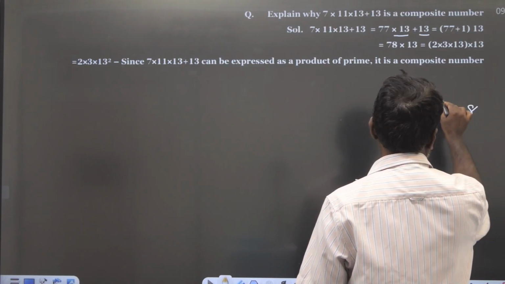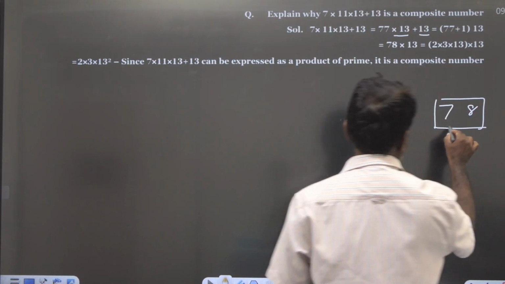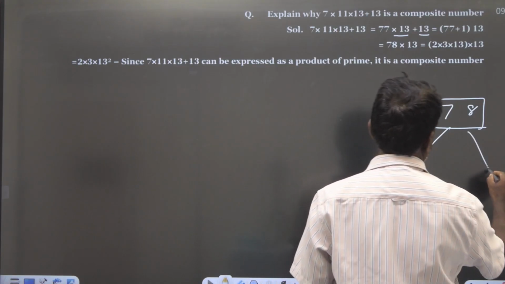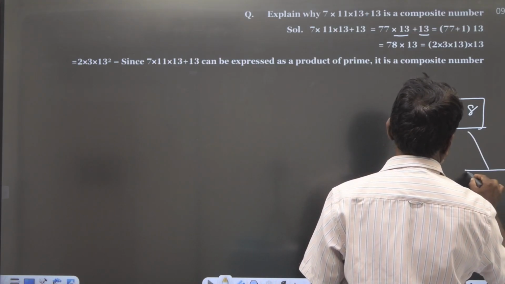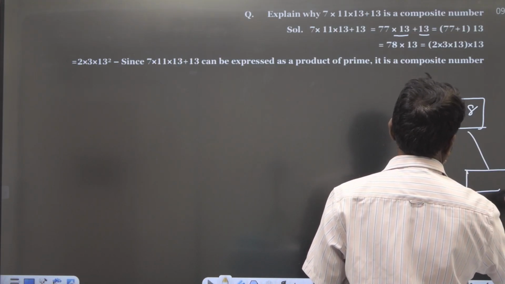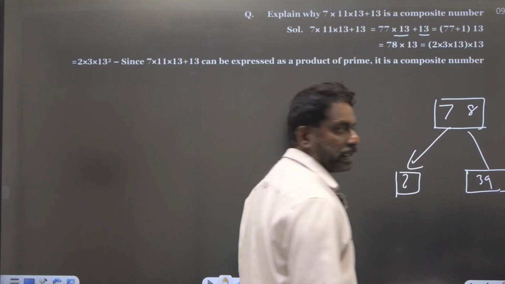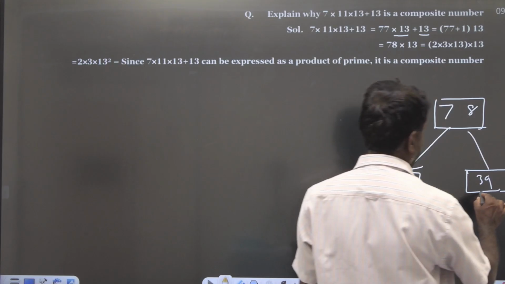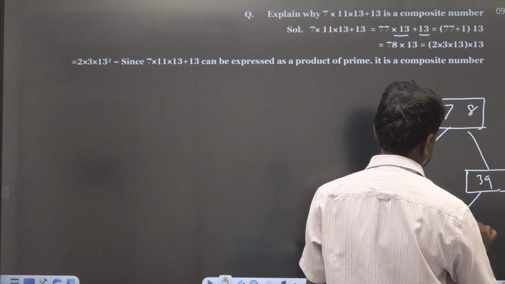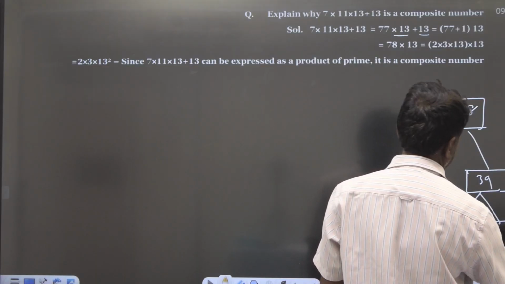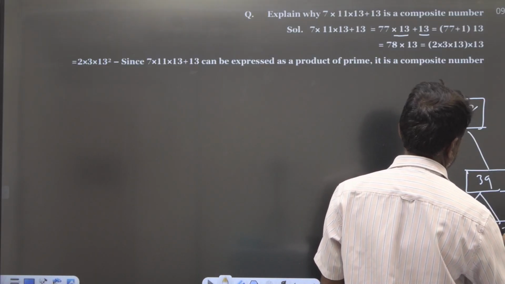78. How can we factorize 78? 2 and 39. Then again we can factorize. What is 39? 3 into 13.